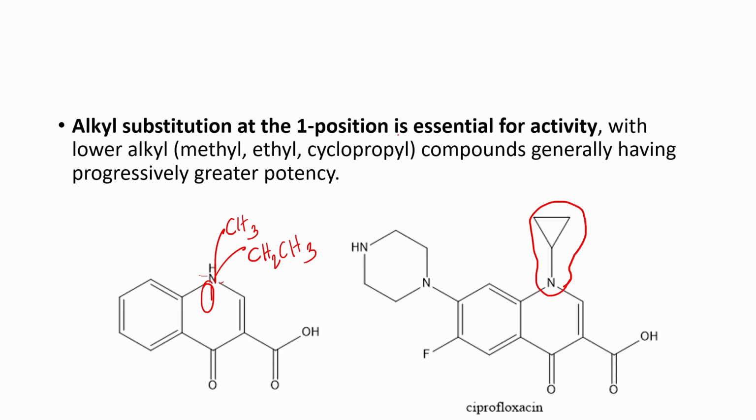So it is essential for activity, meaning it at least must have a methyl, ethyl, or cyclopropyl substituent. If it has no alkyl substituent at 1, or it might have a different substitution like an alcohol, it will lose its antibacterial activity. So alkyl substitution at 1 is essential for activity.